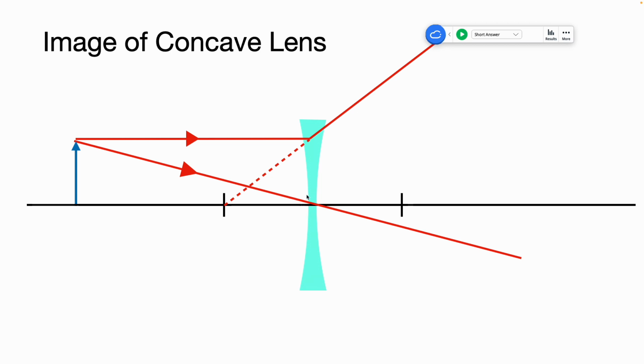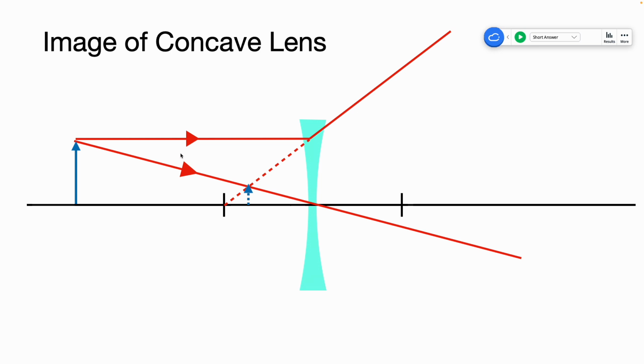So now we see that these two light rays don't really intersect each other, but our eyeball will just follow the dotted line backward until it thinks that the light is coming from a point. So in this case, you see a concave lens will form a virtual image at this location and smaller. If you have glasses, you can try it right now.